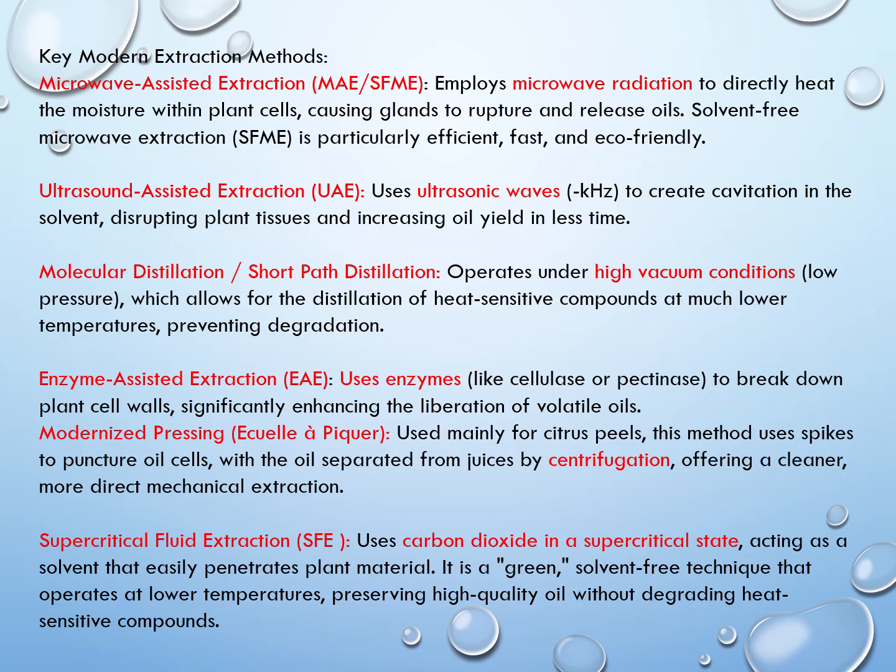So we will get a more pure oil. Then the last one is the supercritical fluid extraction. Here we are using carbon dioxide fluid to extract the volatile oil from the plant material, and here we are using very low temperature, and hence we'll get a high quality oil without any heat degradation.